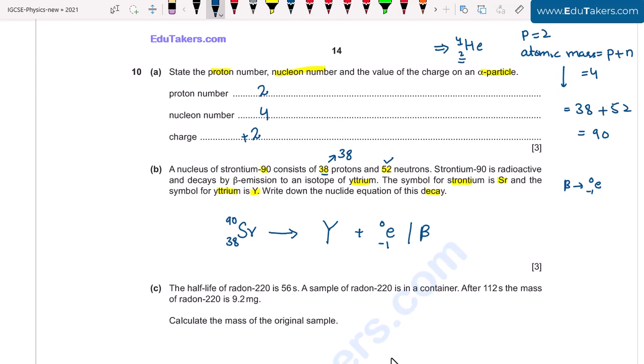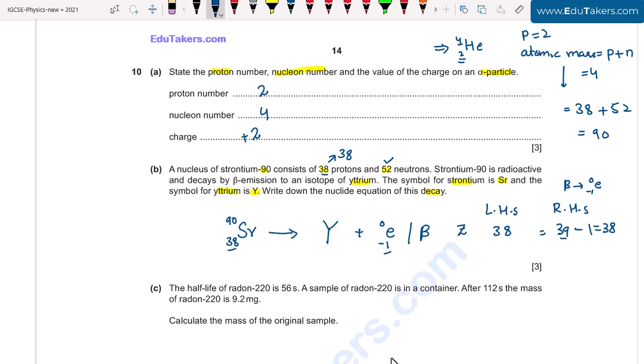So for that we check the atomic number and atomic mass on both sides of this equation and balance it. First of all, on left hand side and right hand side, I check the atomic number, represented by Z. Here atomic number is 38. Here it is minus 1. So I write here 39, so that 39 minus 1 is equal to 38.